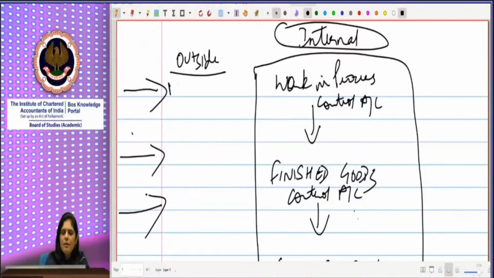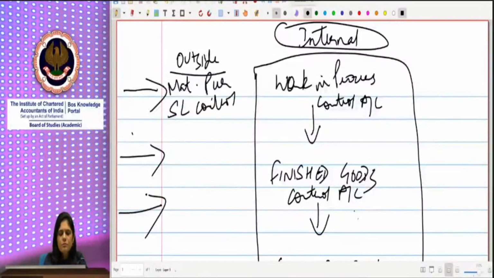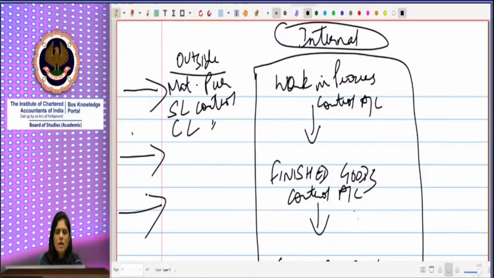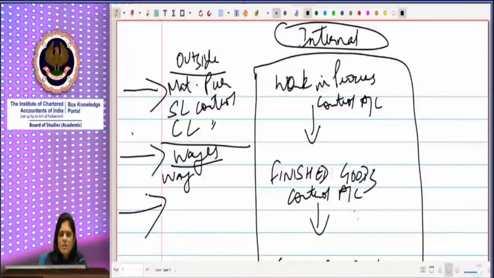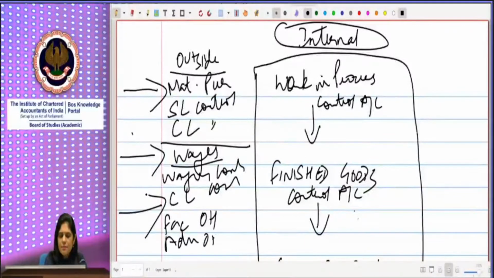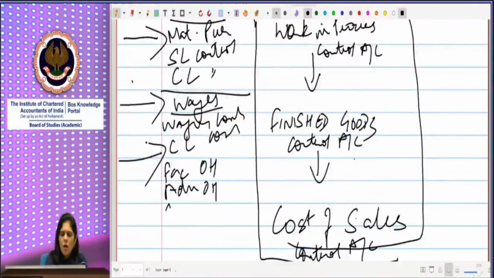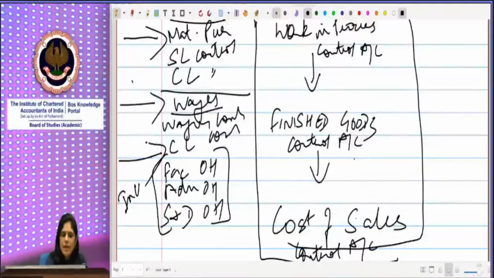So for example, material purchase. If we are purchasing the material, we have to use stores ledger control account and cost ledger control account. If we are paying for wages, we will be using wages control account and cost ledger control account. If we are incurring the overheads, factory overheads, admin overheads, or selling and distribution overheads, again, we have to record them first through cost ledger control account.